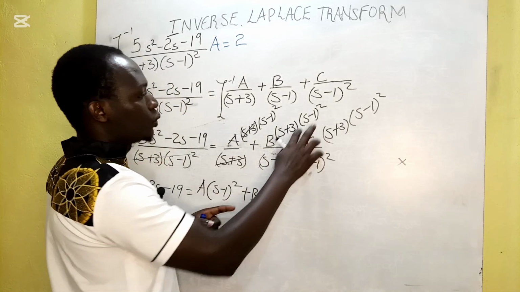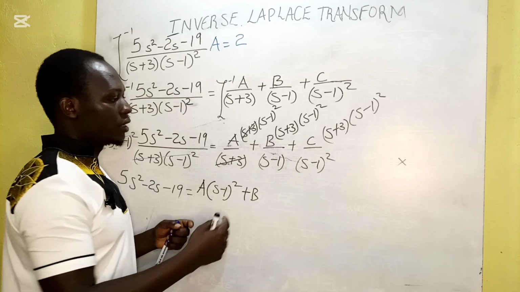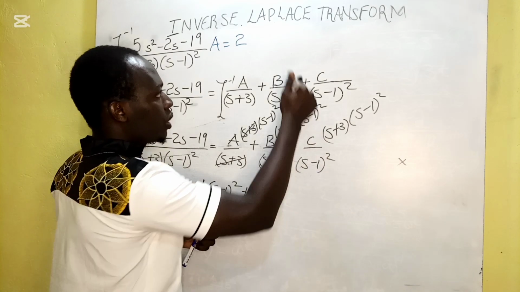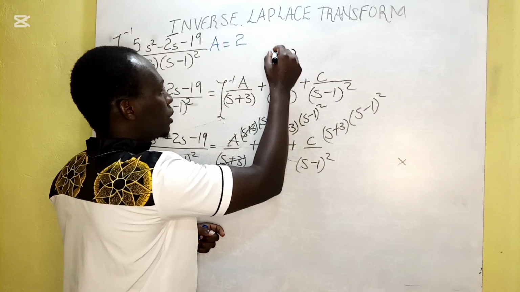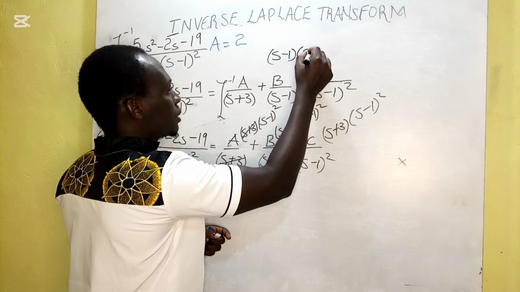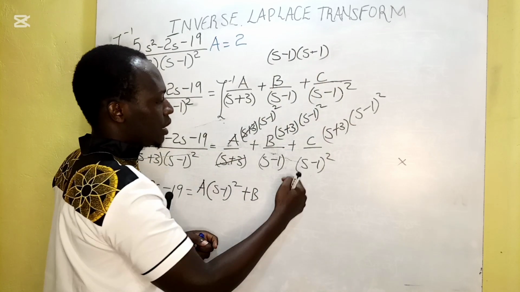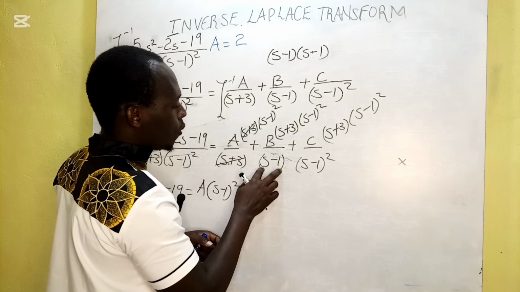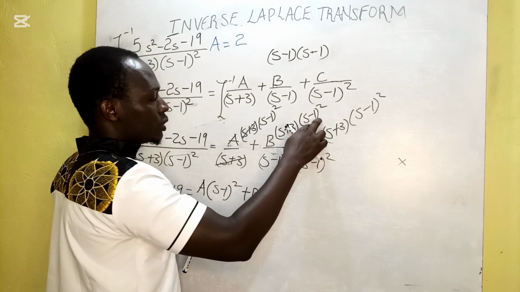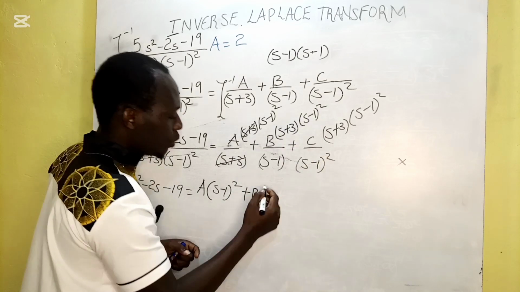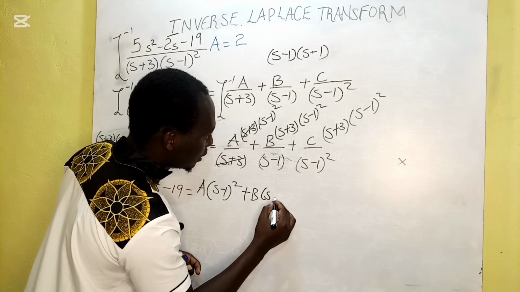Here we are having two functions squared, to mean that at this point we are having (s − 1) into (s − 1). These two we can write as (s − 1)². One of the (s − 1) is going to cancel out with the one here, and we are going to be left with s.